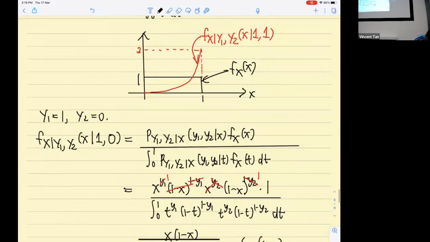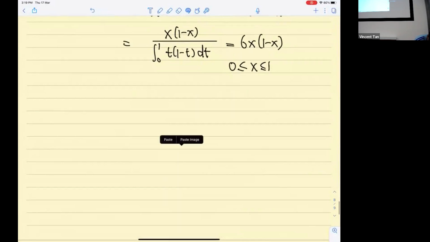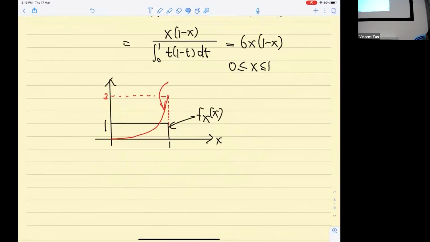So what do we have? Do we have the intuition that we expected? Initially our belief was this, that x is between 0 and 1, uniform at random. That's f of x. But now, after I saw y1 equals 1, y2 equals 0, your intuition is that there's a hump in the middle. So what is this curve here?